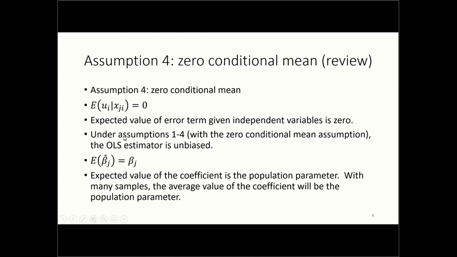So under assumptions 1 through 4, including the zero conditional mean assumption, the OLS estimator is unbiased. In other words, the expected value of the coefficient beta hat j equals the population parameter. So this means that if we obtain many samples, the average value of this coefficient will be the population parameter.